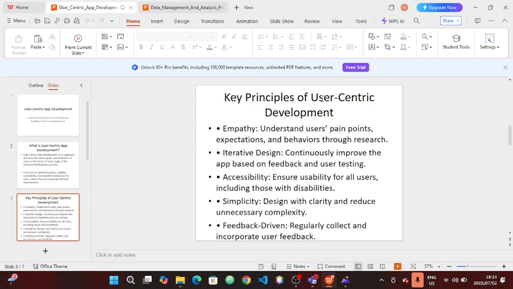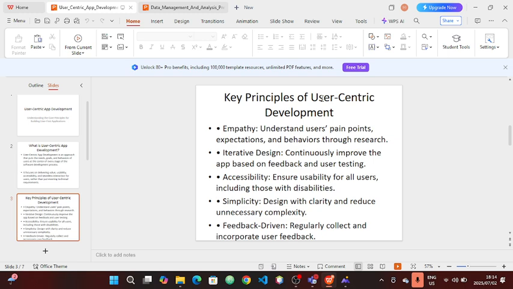And then we have interactive design. By interactive design, we continuously improve the app based on feedback and user testing. And then we have accessibility. We ensure usability for all users, including those with disabilities.